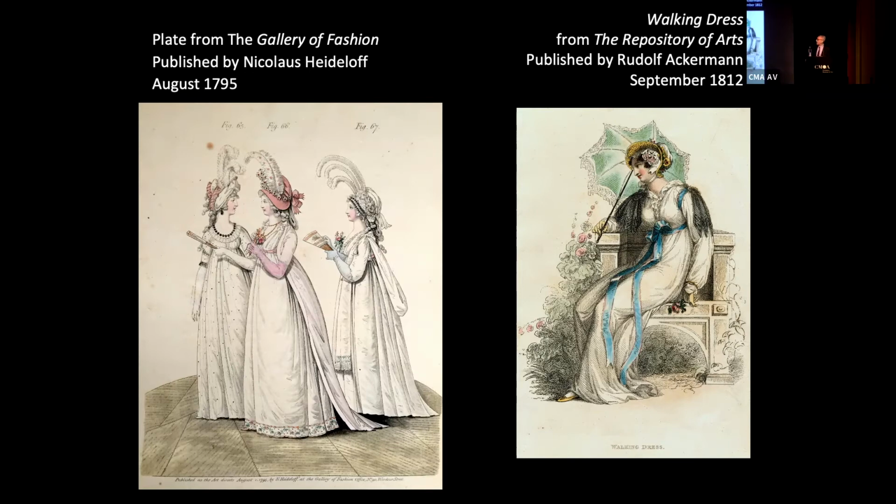So something like the Gallery of Fashion, published by Nicholas Heideloff in the 1790s and early 1800s, and then the Repository of Arts, published by Rudolf Ackermann from 1809 to 1829, which is often referred to as Ackermann's Repository.